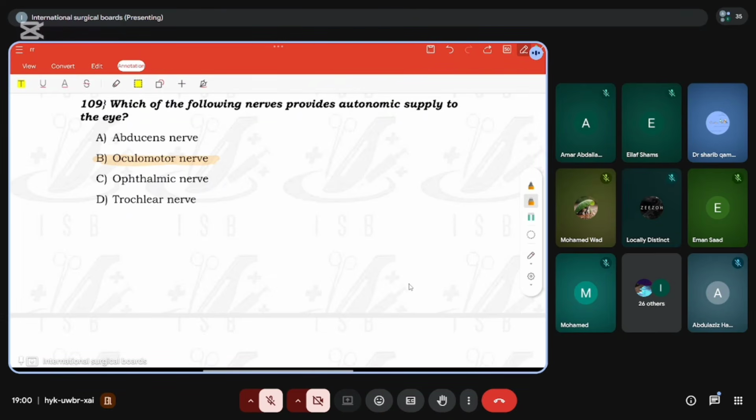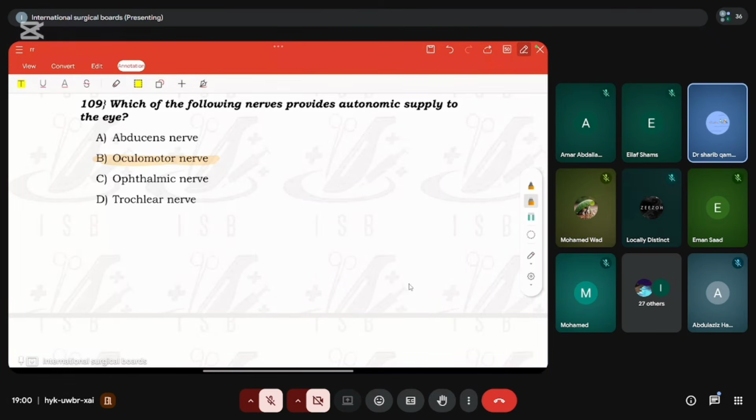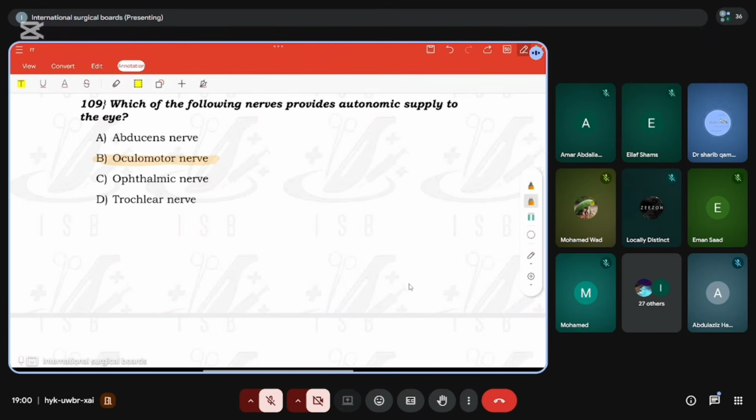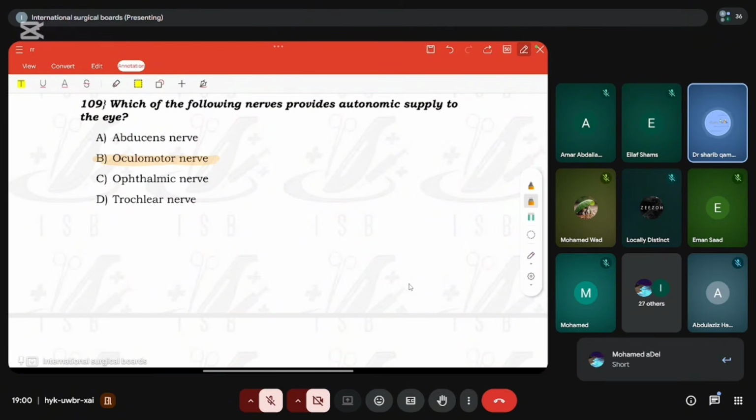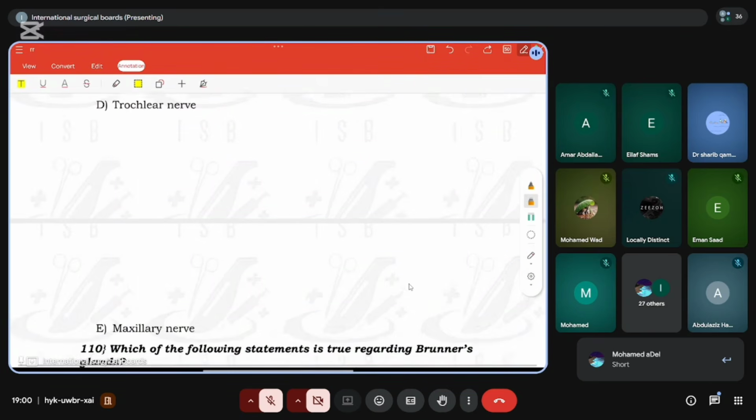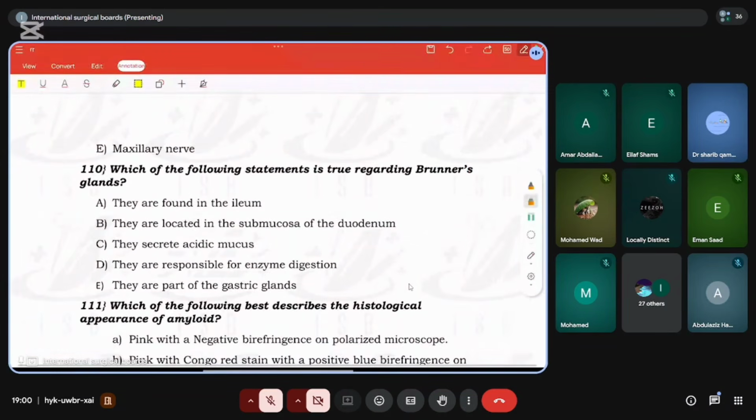So from Edinger-Westphal, then it goes to the oculomotor, then to the ciliary ganglion, right? Then from ciliary ganglion, what's there? Then there's the sphincter pupillae, right? The name of the nerves that come from the ciliary ganglion. Yeah, that's short ciliary nerves. Short posterior ciliary nerves. Okay, let's see the next one.